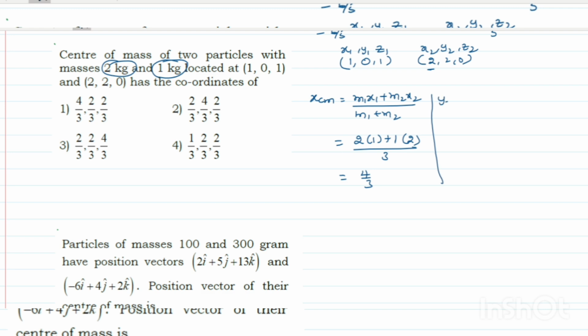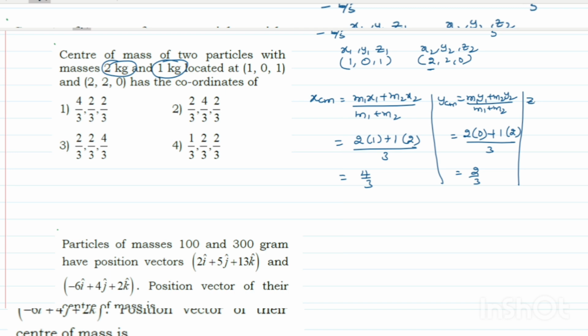In the same way, calculate the ycm value: m1 y1 plus m2 y2 by m1 plus m2. m1 is 2, y1 is 0, plus m2 is 1 kg and y2 is 2, by the total mass 3, so together we get 2 by 3.